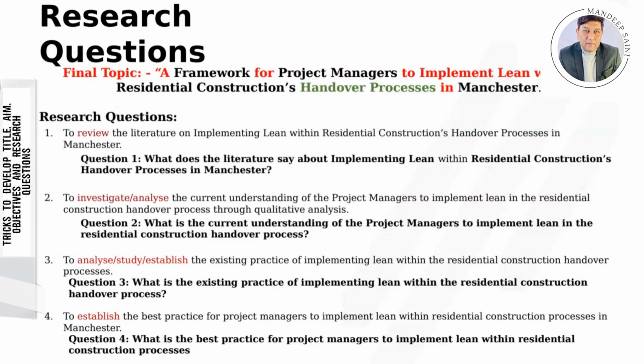Just convert it: what does the literature say about implementing lean within the residential construction process? I just added "what does the literature say." That's it, and it is converted into a question, the first one. There is no need to convert the first one, the literature review, into a question, but I just gave you an example here. Now, the second one was to investigate the current understanding of the project manager.